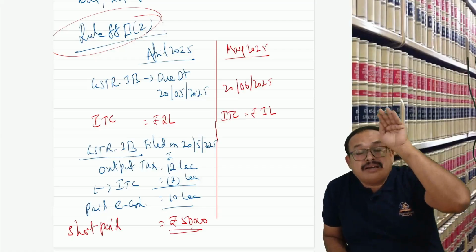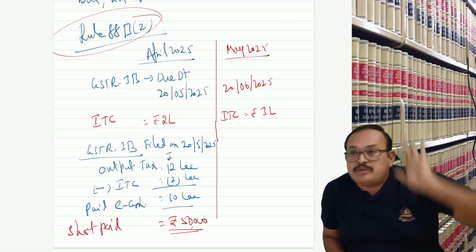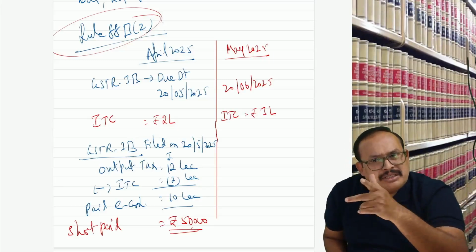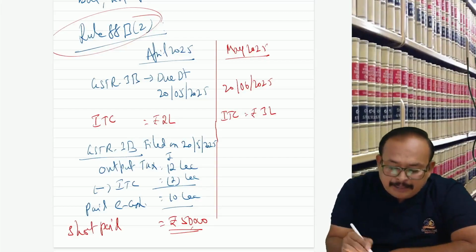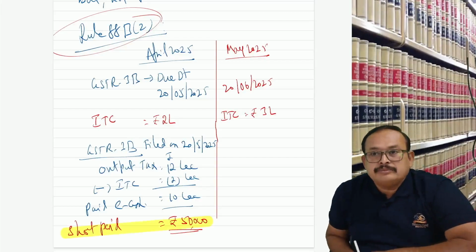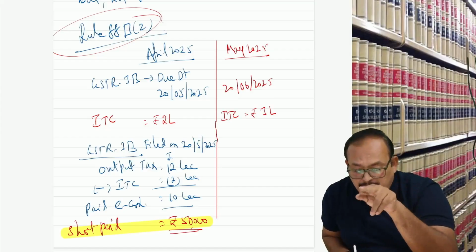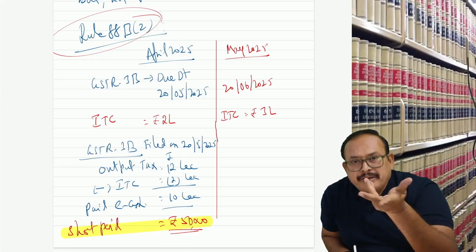Supposed to pay by electronic cash 10 lakh 50,000, but you paid how much? 10 lakhs. Short paid how much? Which is called short paid. Supposed to pay when? 20th of May, but you have not paid.